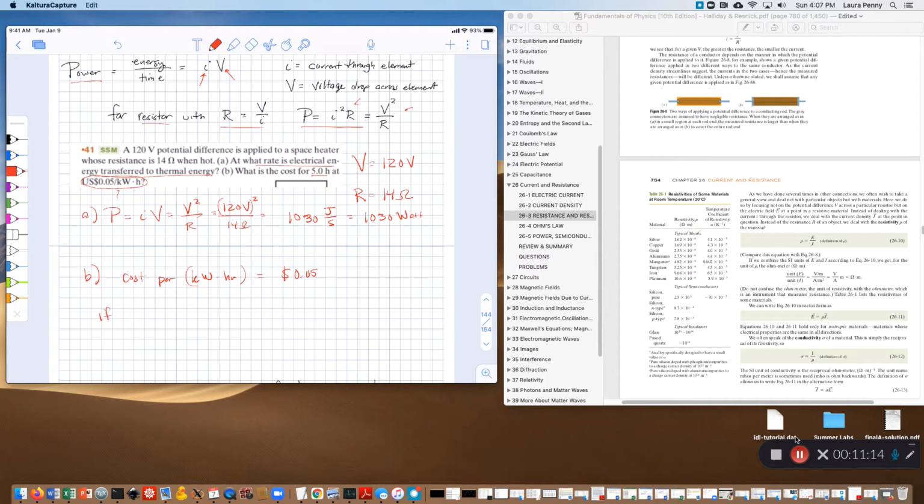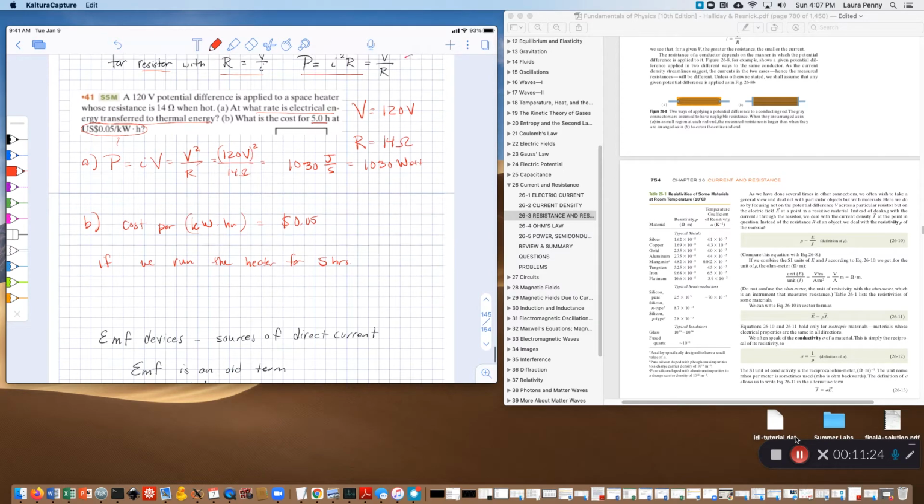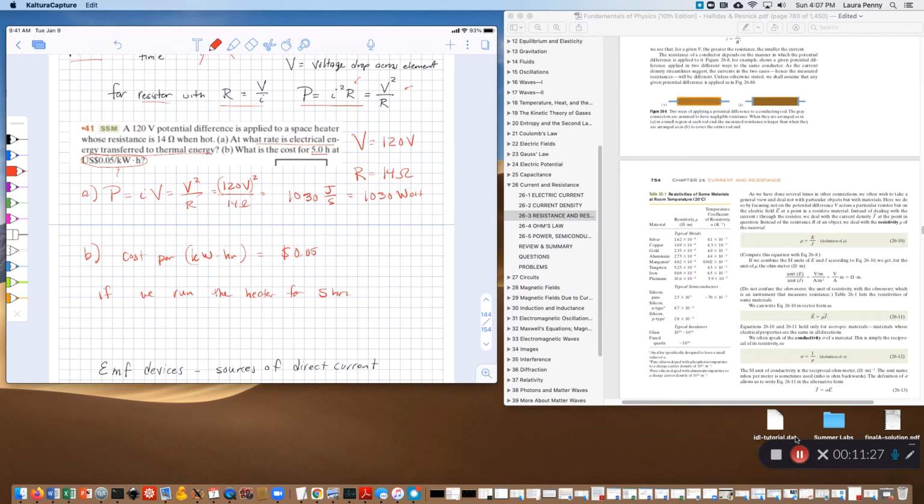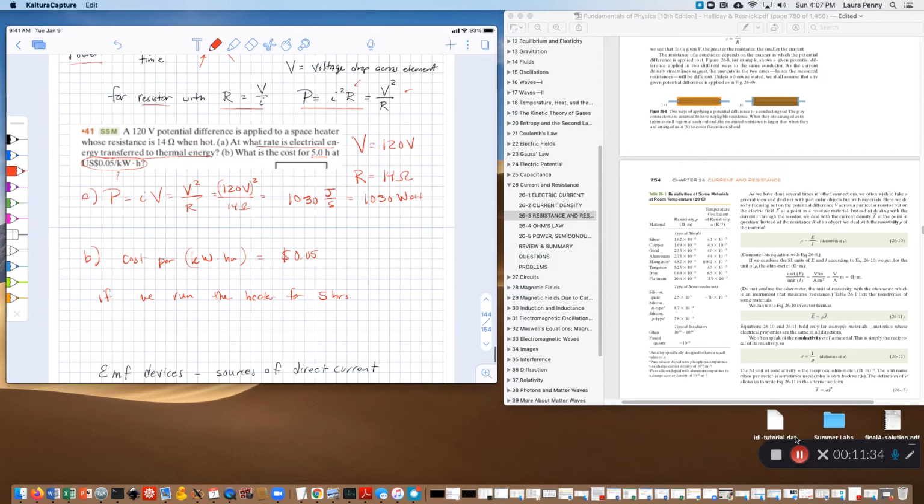If we run the heater for 5 hours, then the amount of energy I'm using, or the kilowatt hours, is 1.030 kilowatts times 5 hours, which is 5.15 kilowatt hours.